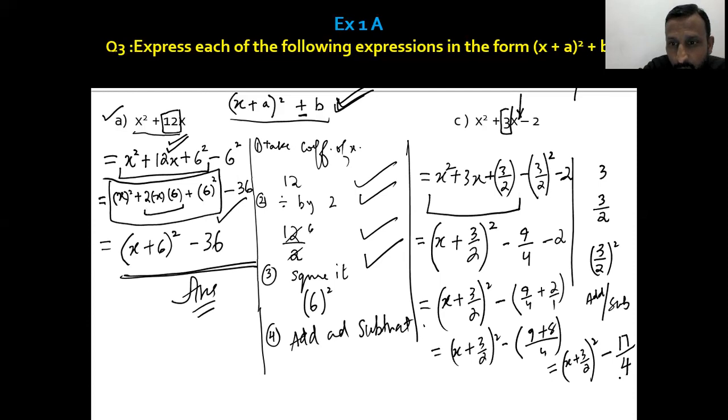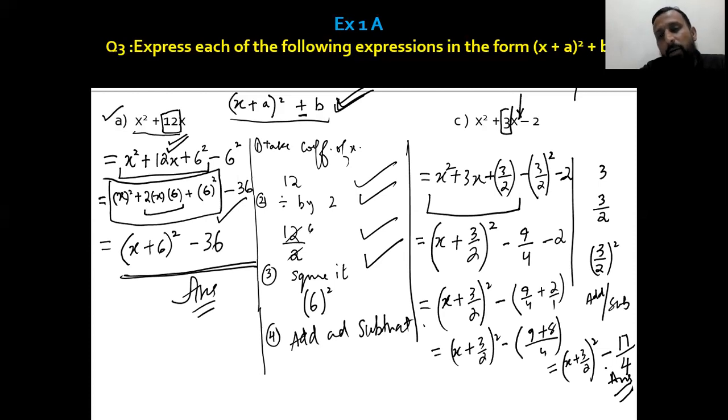Minus 17 upon 4. So boys and girls, this is your answer. I am short of space, so please excuse this. So x plus 3 upon 2 the whole square minus 17 upon 4. This is how you make this form x plus a the whole square plus b, right?